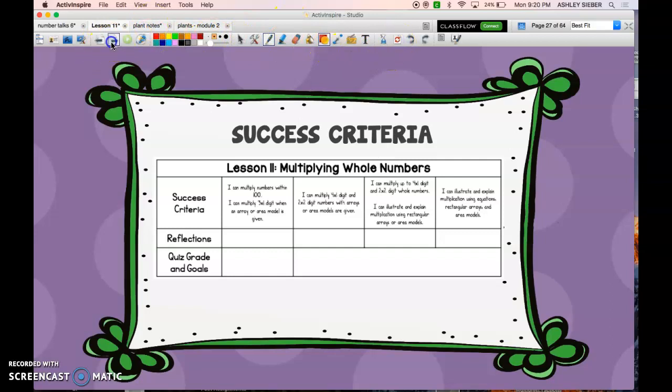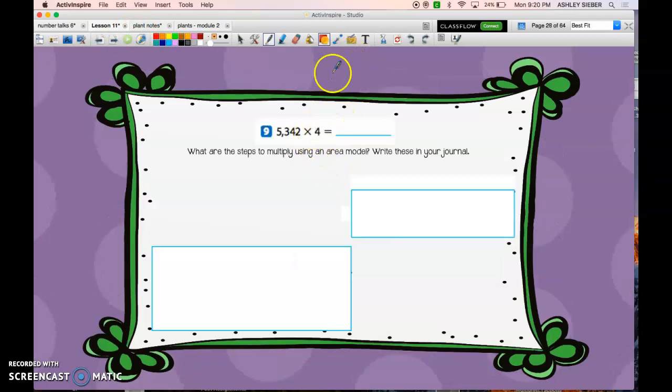Let's open your journal. You should already be on your success criteria page. Let's go to the notes side on the other page. Remember, our anchor chart is going to go below the success criteria. We're going to take some notes so that we can remember how to multiply 5,342 times 4.